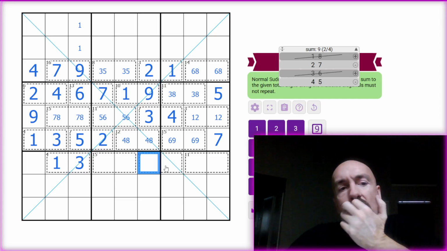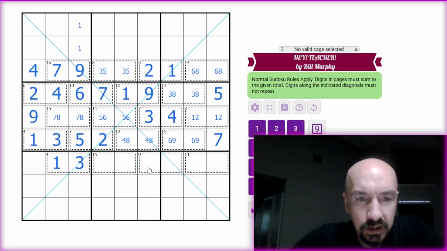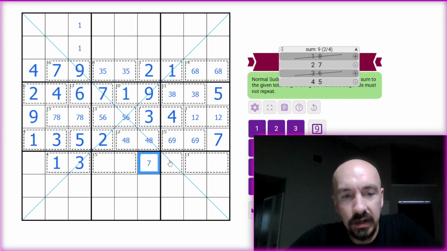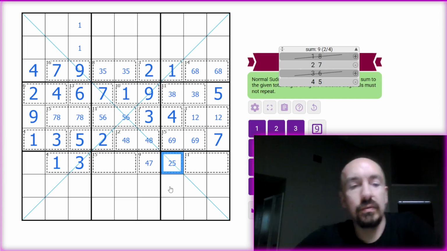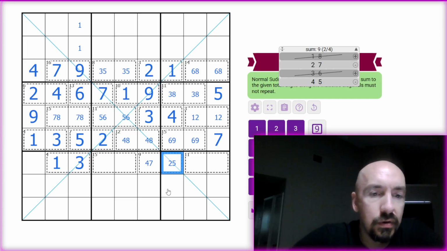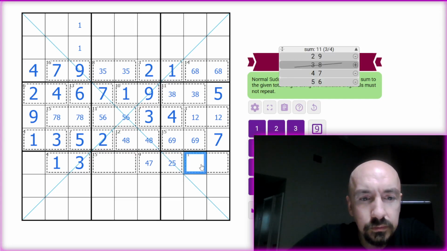Okay. So if this was a 2, 7, the 7 would have to go here. Okay, so the 7 would have to go here, and that one, and then 4 would have to go here, and 5 would have to go there. Okay. So it can't be a 4, 7 because one of them will be on that.